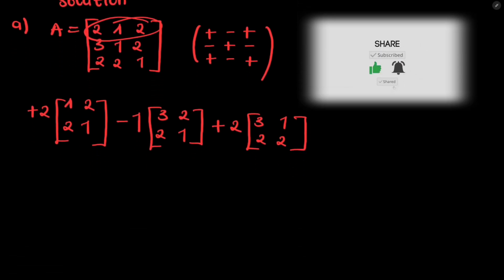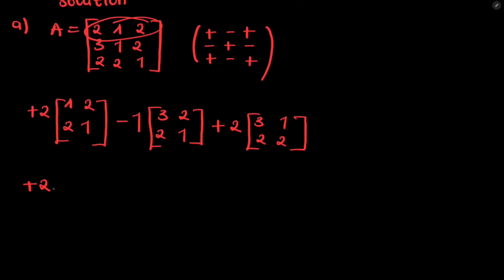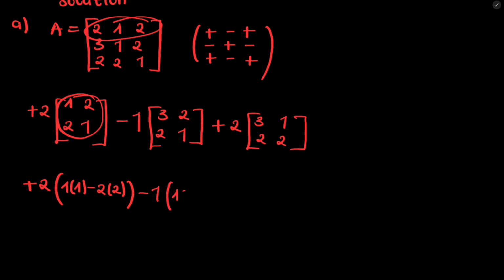Okay, so now we do our simplification. These are 2 by 2 matrices, so we do the normal method. So 2 times (1 times 1 minus 2 times 2), minus 1 times (3 times 1 minus 2 times 2), plus 2 times (3 times 2 minus 2 times 1).